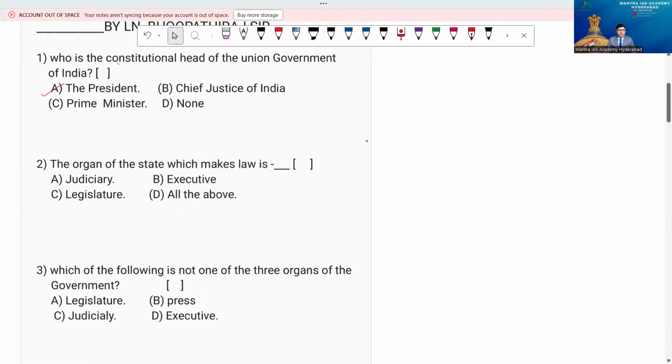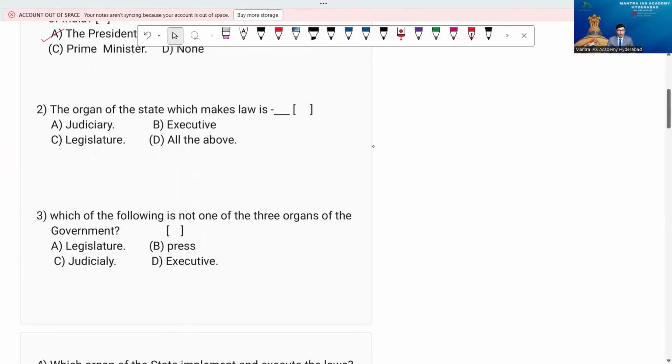Next, the second question: the organ of the state which makes law. You know the three organs: first legislature, executive, and judiciary.